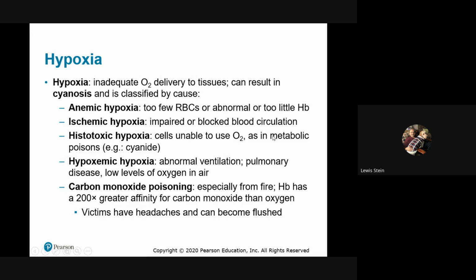Most of these so-called metabolic poisons, cyanide being a perfect example, interfere with the actions of the Krebs cycle, the citric acid cycle. They have to interfere with some of the proteins that make up the electron transport chain, is my recollection. I'm not a toxicologist.